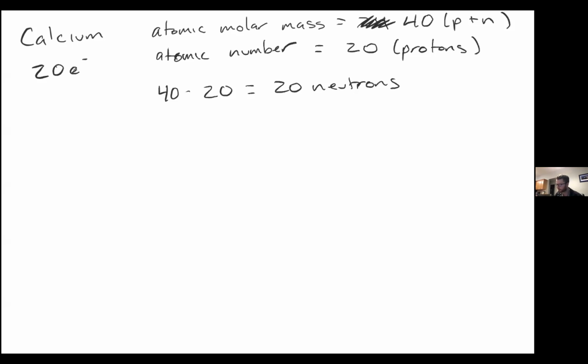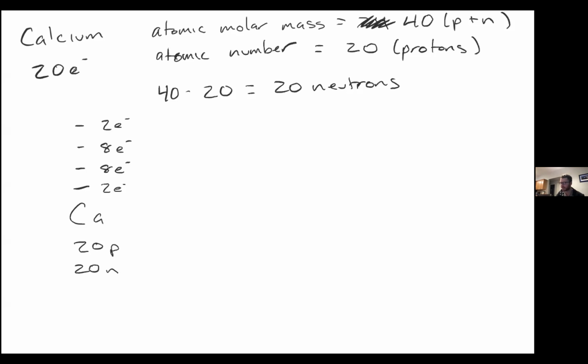So let's do calcium first. We have 20 protons and 20 neutrons. With 20 electrons, we'll have 2 in our first level, 8 in our second, that's 10, 8 in our third, that's 18, and then 2 electrons in our valence level.